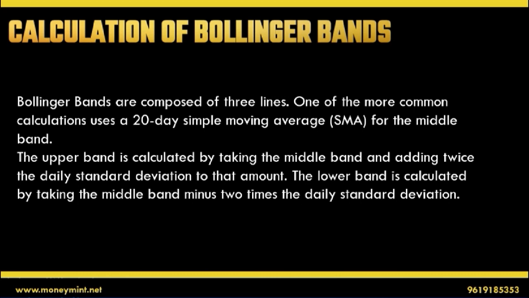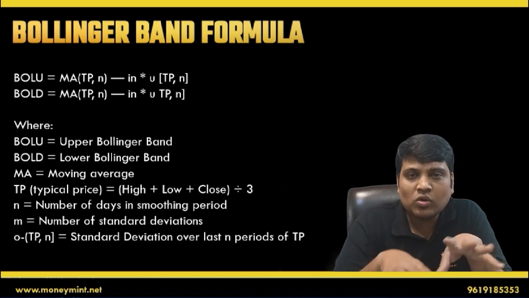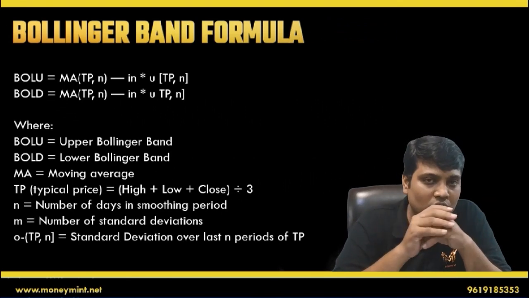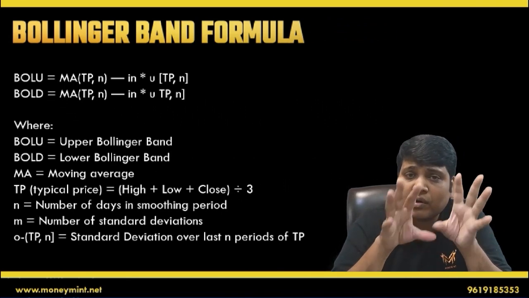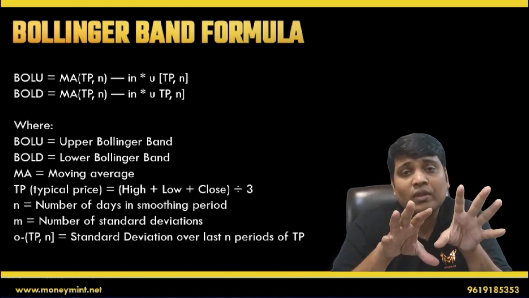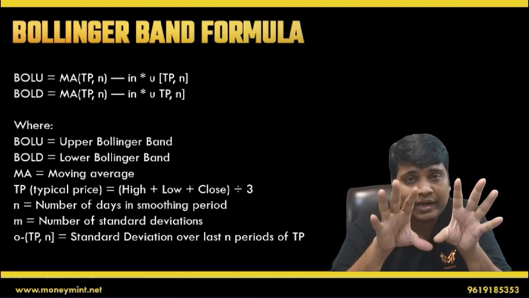Whenever the market volatility reduces or the market goes sideways, the band contracts, and the band expands when the volatility increases. This is the formula that is shown on the screen. Using this formula, you can create a Bollinger Band.